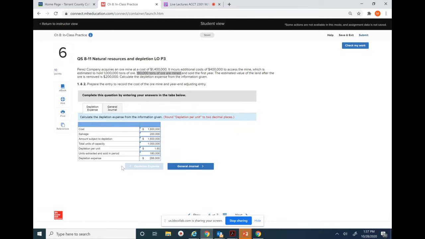So this is the depletion expense. Just like depreciation, we'll report depletion expense on the debit side, and we will reduce the value of the mine on the credit side.